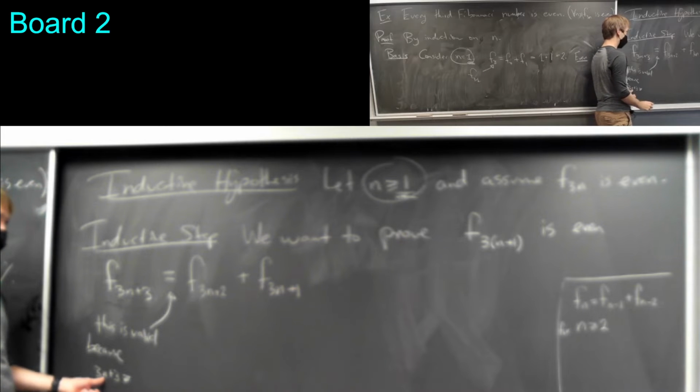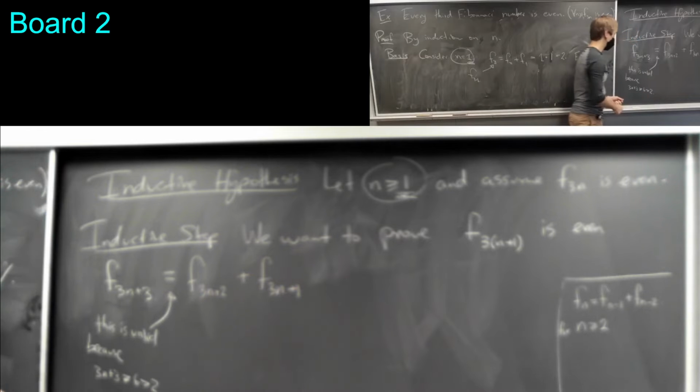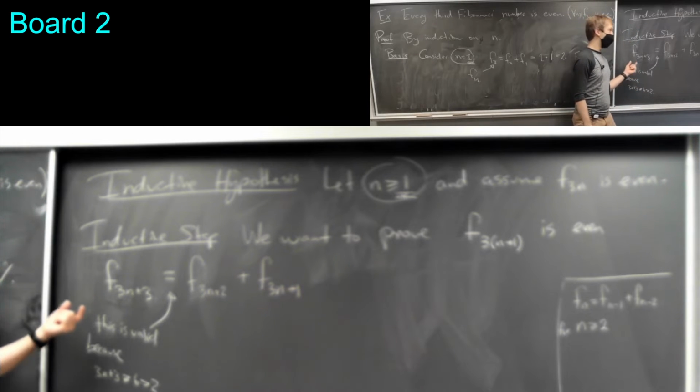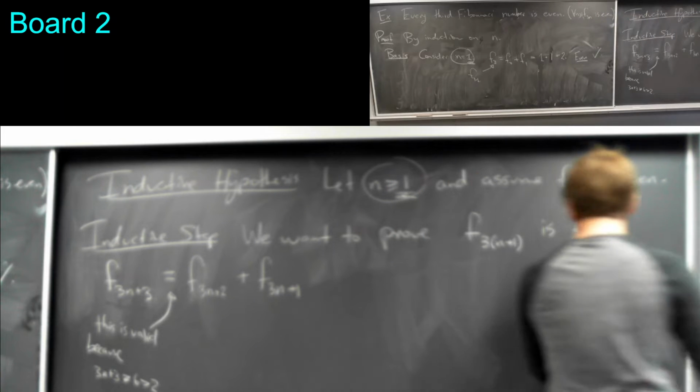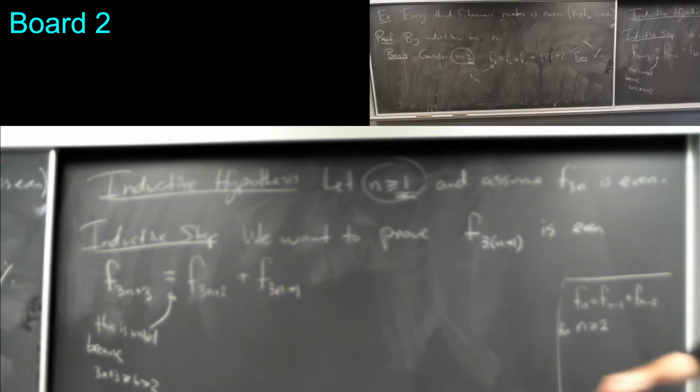Since n is at least 1, this is at least 6, which is bigger than 2. Because we're only allowed to apply this formula when the thing in the subscript is at least 2, and it is. So this is okay to do. Not sure if that's clear, whether it's clear why I'm doing that, but okay.